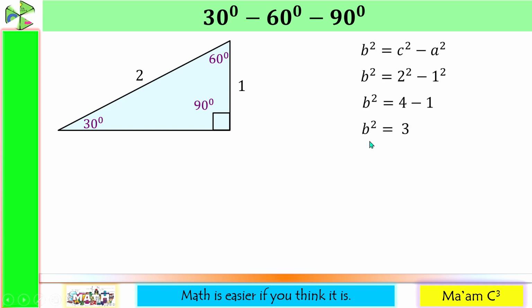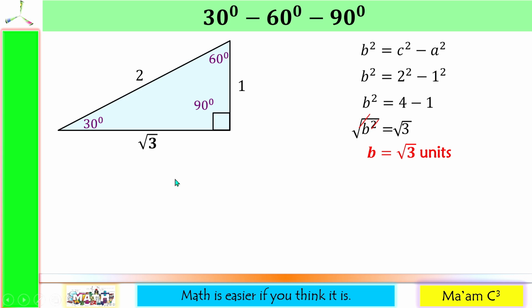To solve for the value of b, let us extract square roots on both sides. So the radical symbol and this 2 exponent here will cancel out. And this one will still be square root of 3. It means this side, the one opposite 60 degrees, is square root of 3.